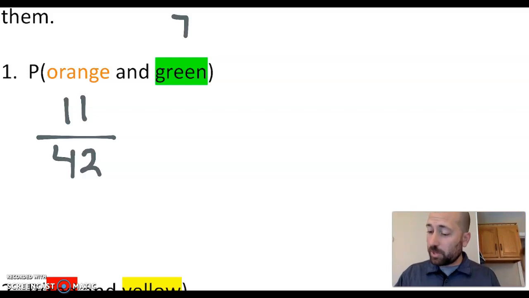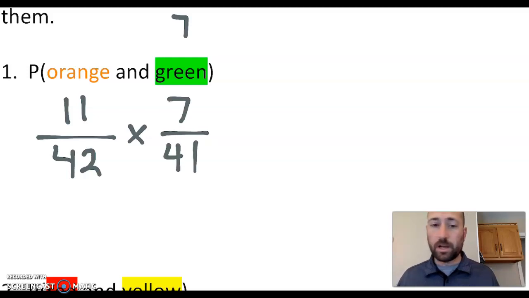All right. So we ate an orange, so we no longer have 11 orange. But now we have 7 green remaining. We ate another one, so we're down to 41 Skittles. Okay, so we're going to multiply our two probabilities.